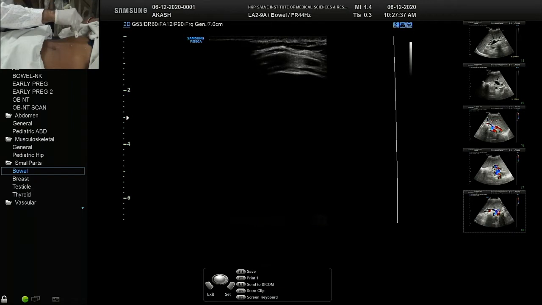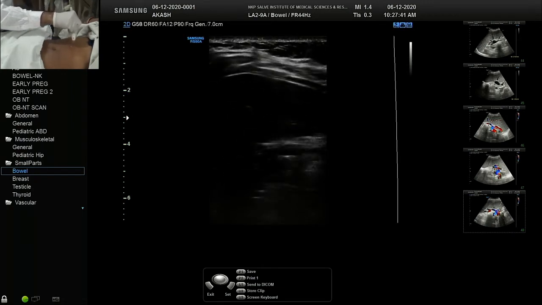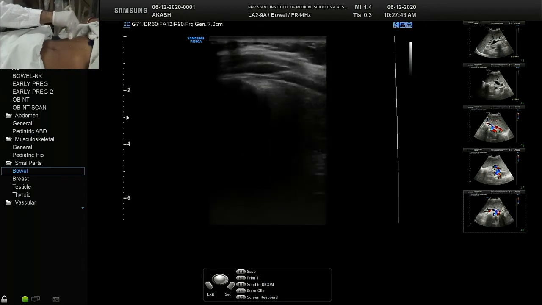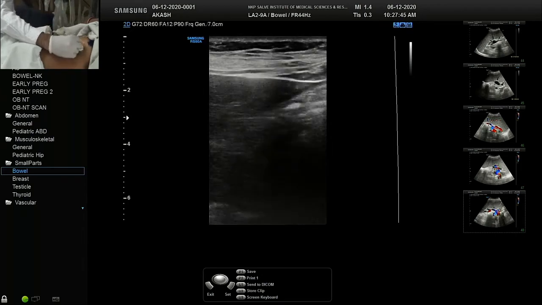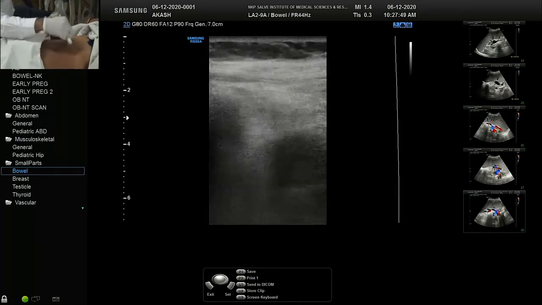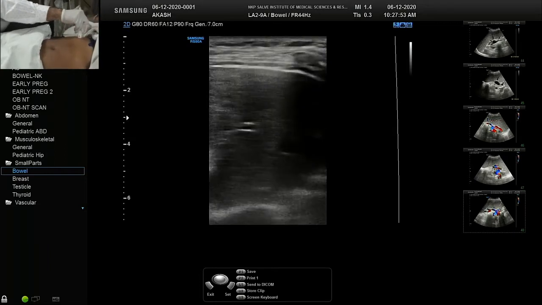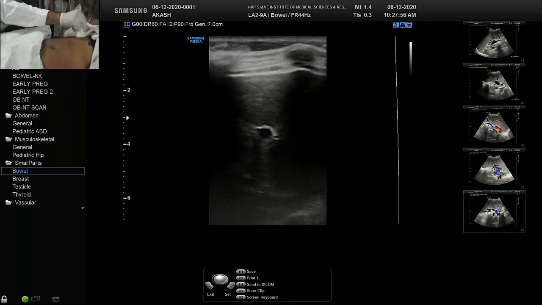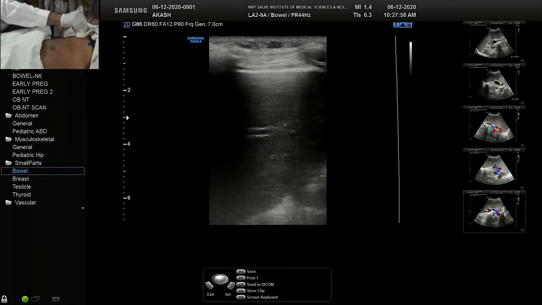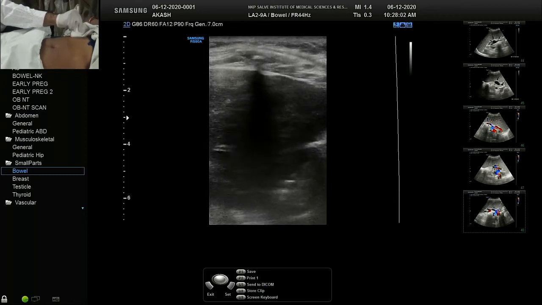The convex probe itself is sufficient to show the recanalized vein. So that is the paraumbilical vein that is coming up.